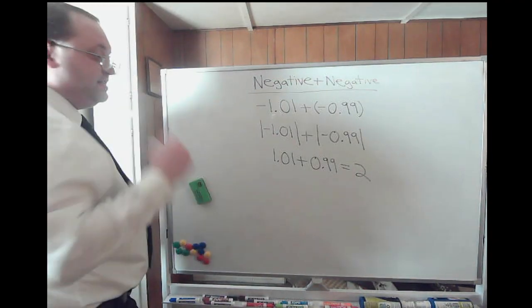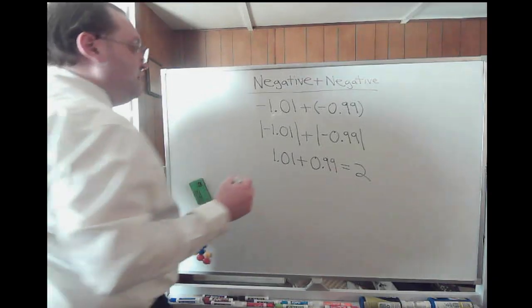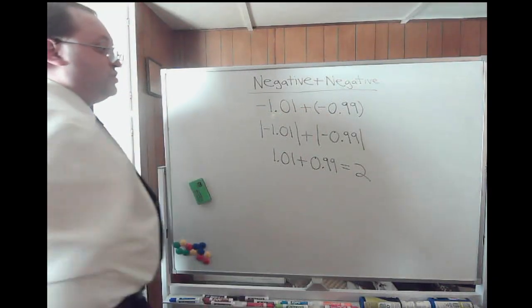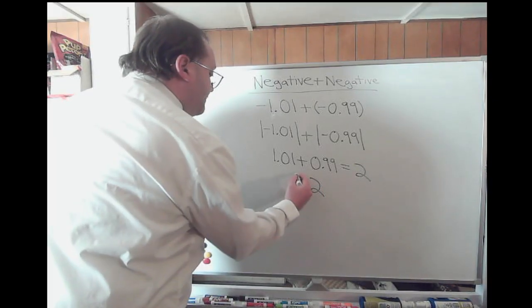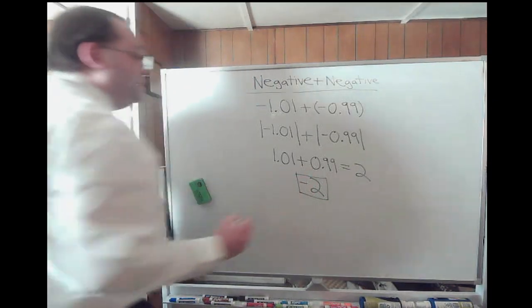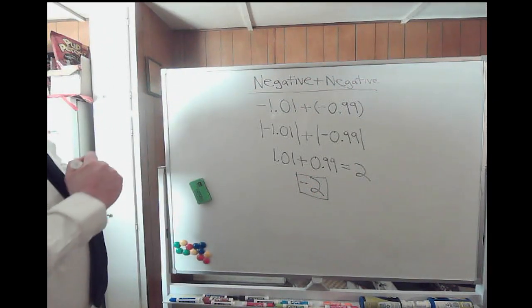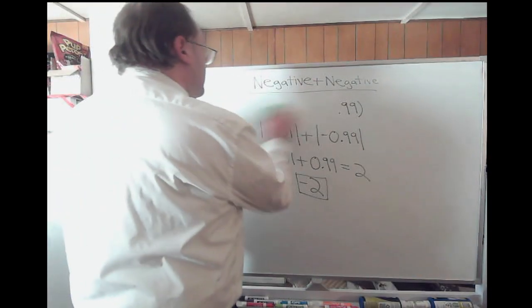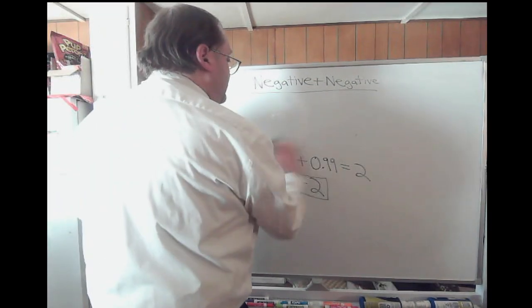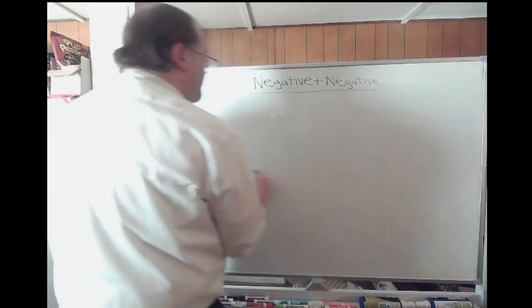It'd be 2.00, which is just 2. But since both terms of the original equation are negative, you're going to throw a negative sign in front of the 2. So your answer would be negative 2. So yes, this also works on decimals too. I think that's pretty self-explanatory with decimals.